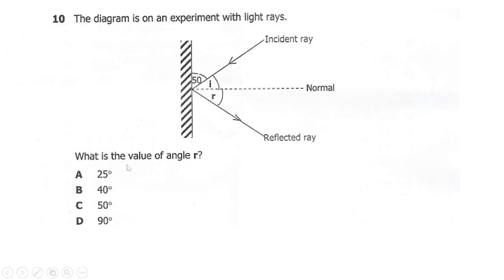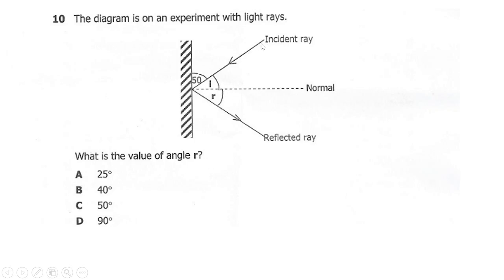Now the question says, what is the value of angle R? So this is the angle of reflection. They want to know the value. For us to do this, we use mathematics, where we need first to know this angle, because these two are equal. The angle between the normal and this surface, the whole angle here, is 90.